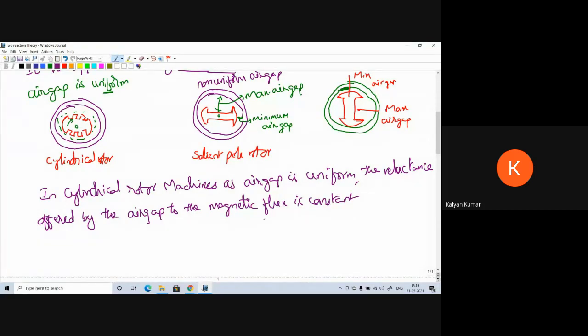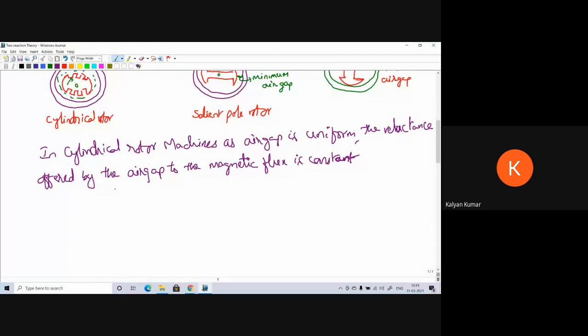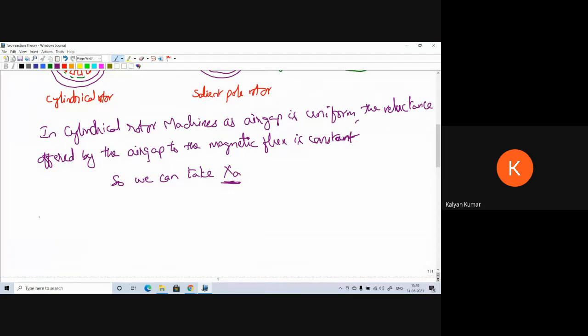As the reluctance opposing the magnetic flux is constant, we can take XA to represent the armature reaction effect. So in order to represent the drop due to armature reaction, we can represent the drop by using a single value of XA.